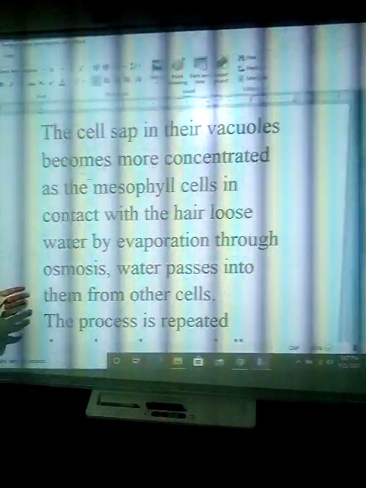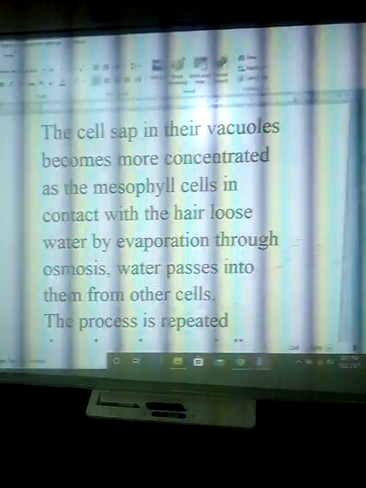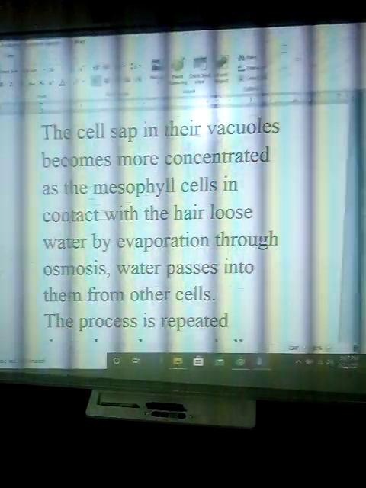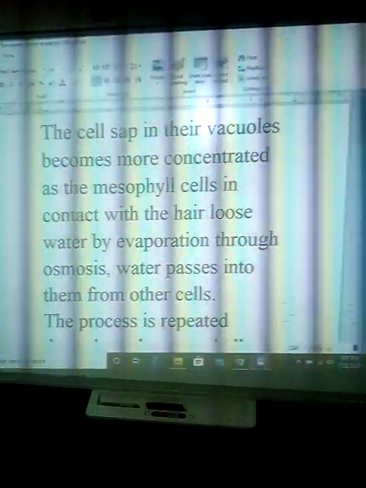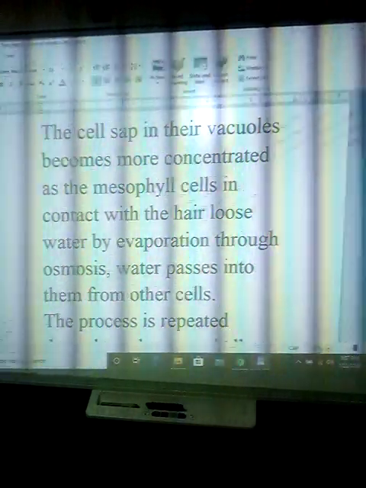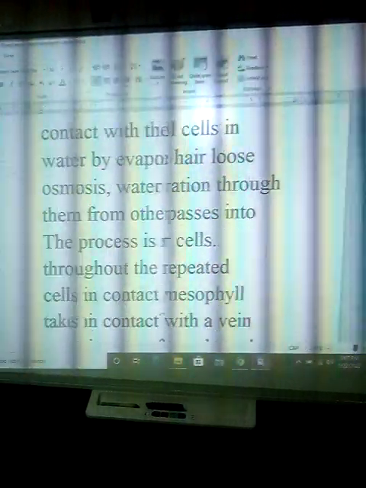This happens by osmosis, because as I told you in previous videos, the loss or intake of water in the plant is by osmosis. Water passes into them from other cells, so the process is repeated.